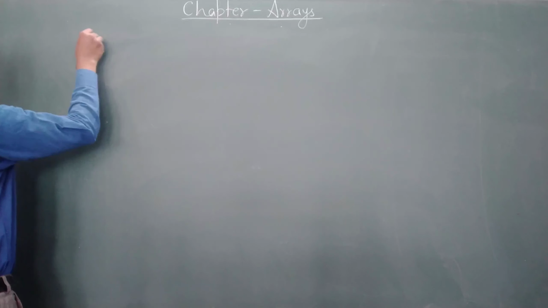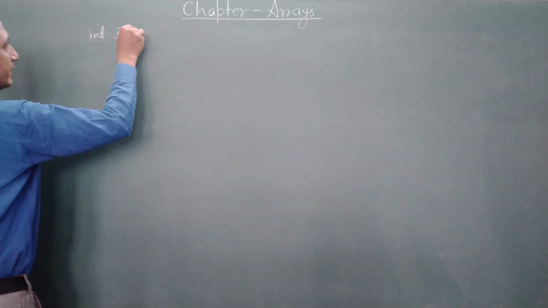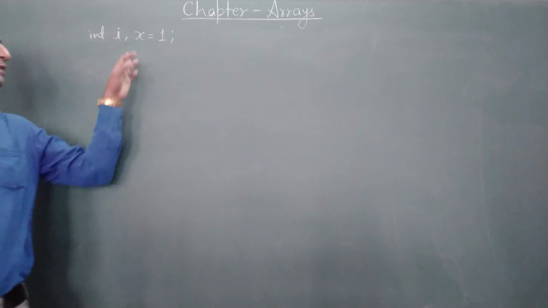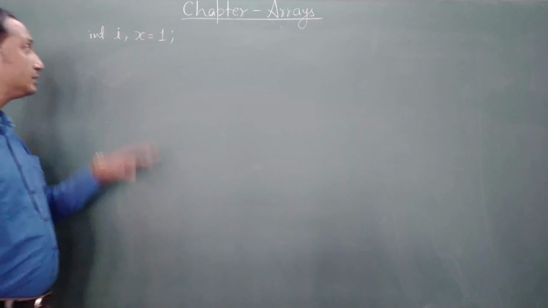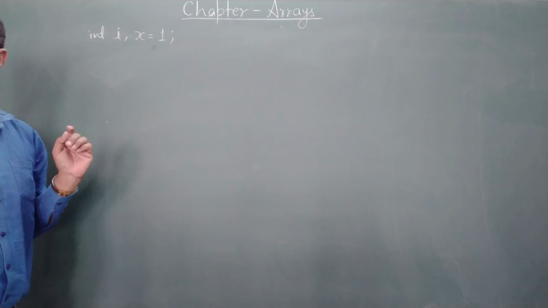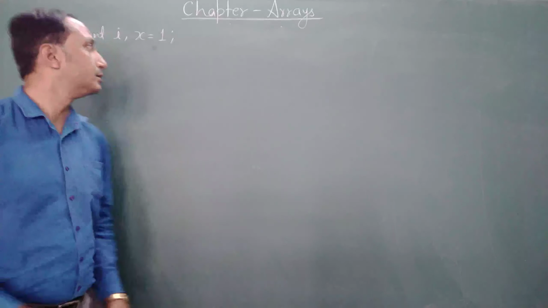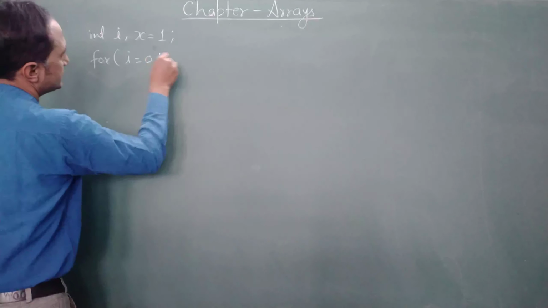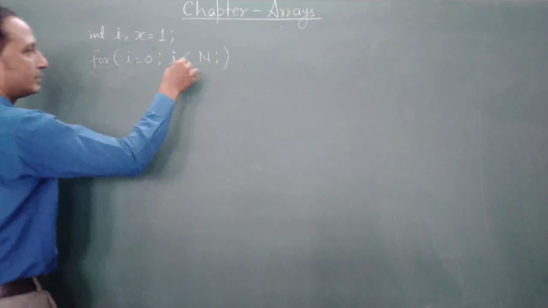Before that, I am taking some variables: i for the loop, and a variable x equal to 1. x is initialized with 1 because we will check that if the value of x is prime, then fill it in the array. It will be updated by a difference of 1. So the loop will start from 0 till less than n.